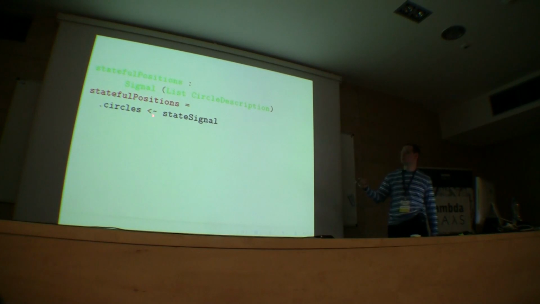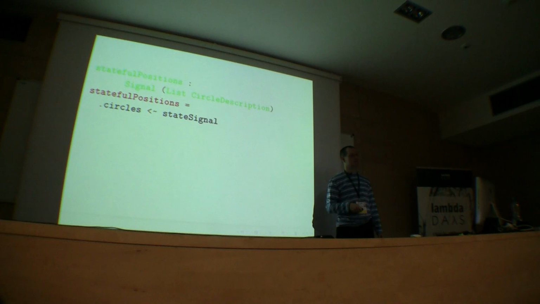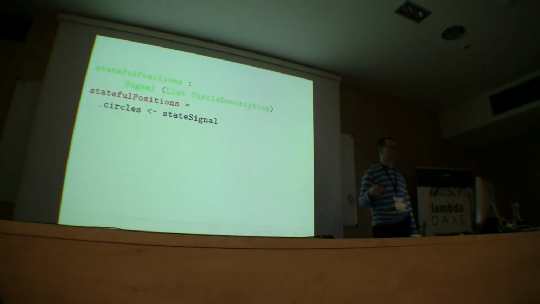I do it by mapping a function that is called dot and the member name. So every record type in Elm has a built-in function that is called dot and the name of the member. The function is just taking the record and returning the value of the record member.